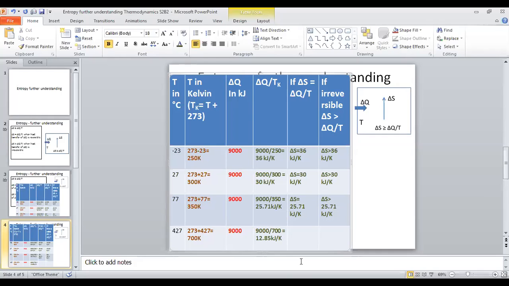So your delta S value is 12.85. So delta S is greater than 12.85 if it is irreversible.